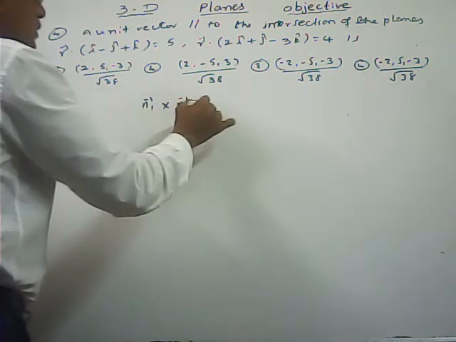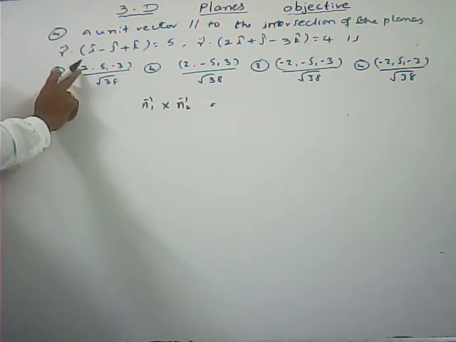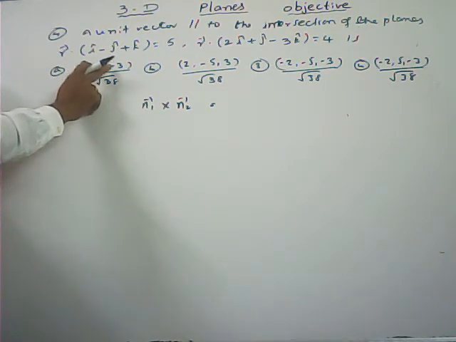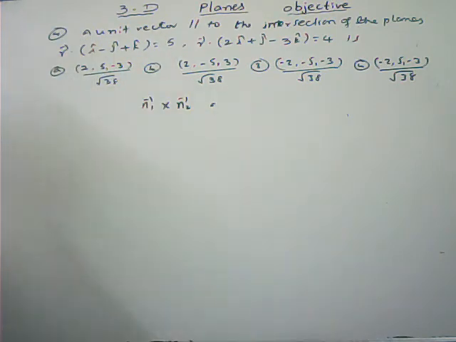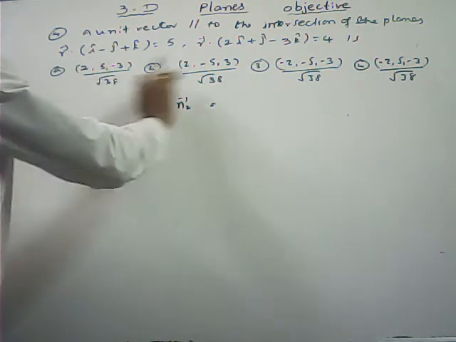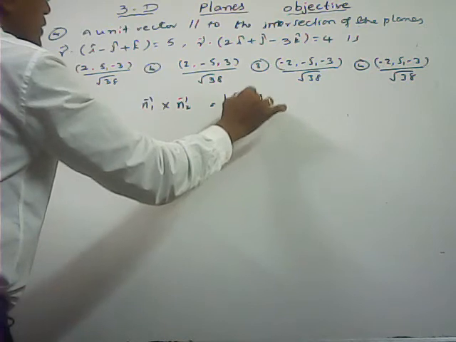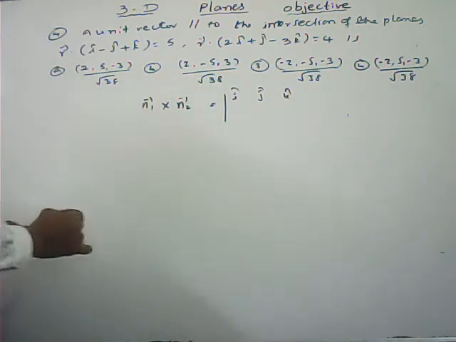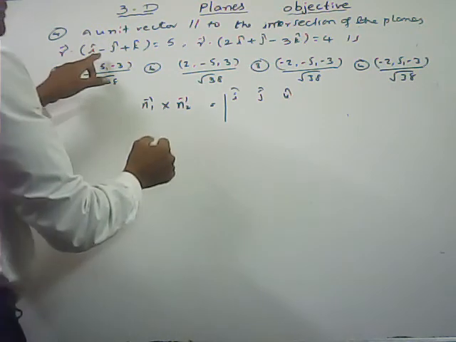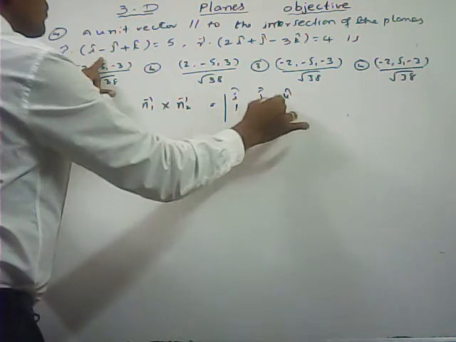So how to get n1 bar cross n2 bar? Here, vectors I have to write as 2 i cap plus 5 j cap minus 3 k cap by root 38. Everywhere I have to use i cap, j cap, k cap, but space is not sufficient, that's why I have written like that. Now, i cap, j cap, k cap, n1 bar, this is the plane equation, 1, minus 1, 1.